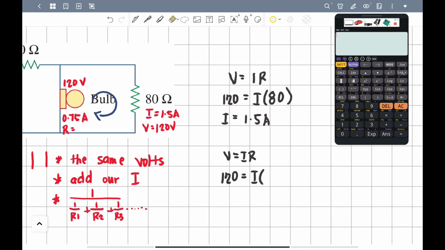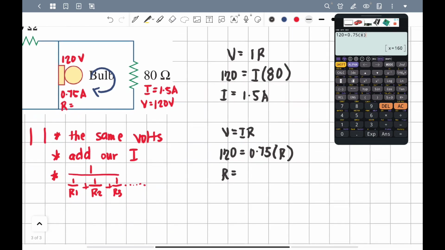Okay, we already have our current, by the way, 0.75 times R. So using our calculator again, we have 120 is equal to 0.75 times R, which is equivalent to 160. Okay, we have 160 ohms.